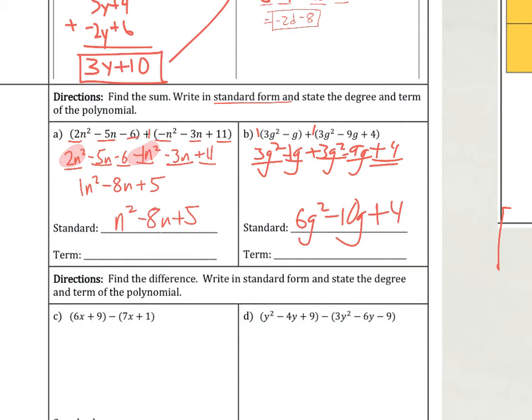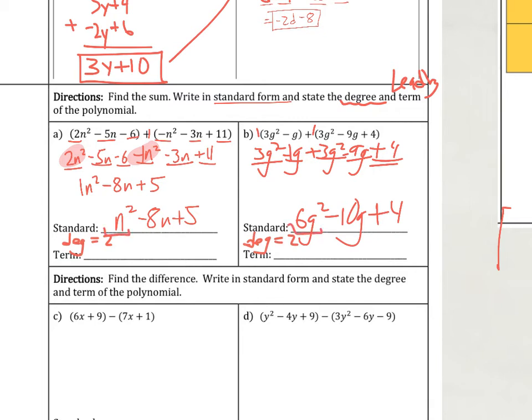So now let's back up here. The degree is the greatest exponent, all right? And so here the degree is 2. Here the degree is 2. The leading term is this first thing in front, okay?